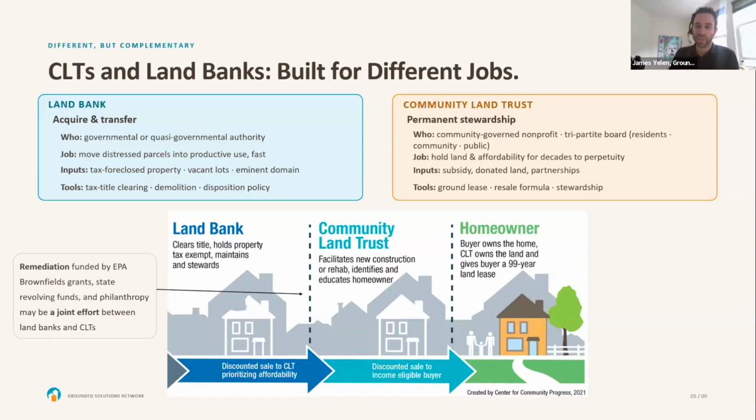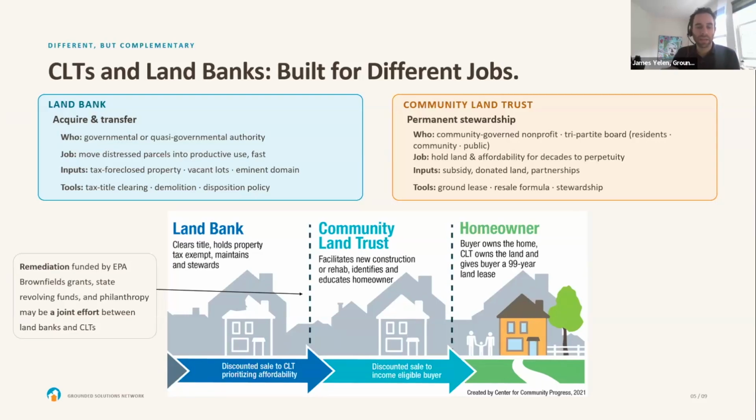They're typically nonprofits. They use a typically tripartite governance body, which means that residents on the land as lessees, as well as in the broader community, play a central role in determining what that land trust's activities look like and how it operates in the community. They steward any public subsidy or investment that goes into development.